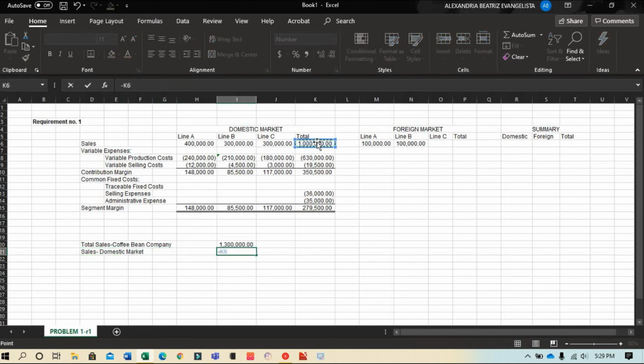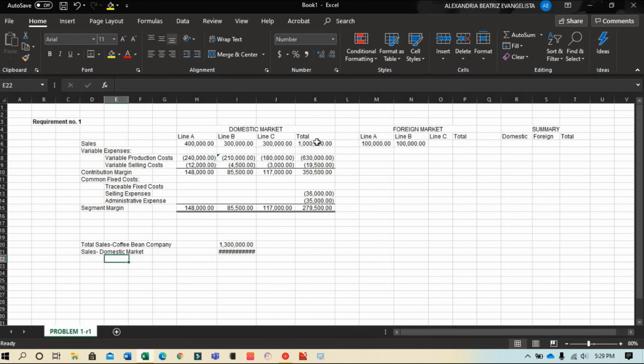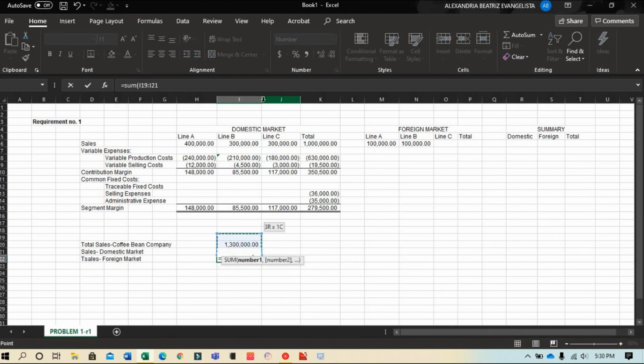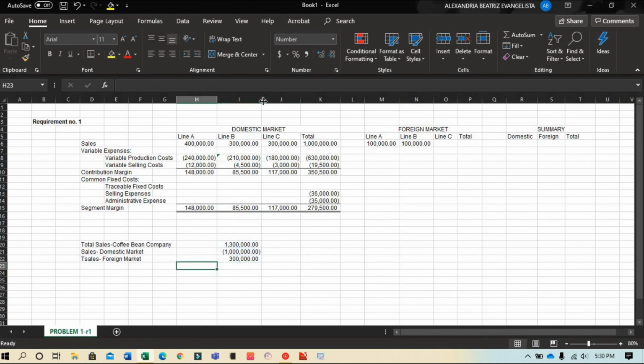Let's just deduct that from our total sales, and then we're left with the sales for the foreign market, which is 300,000.